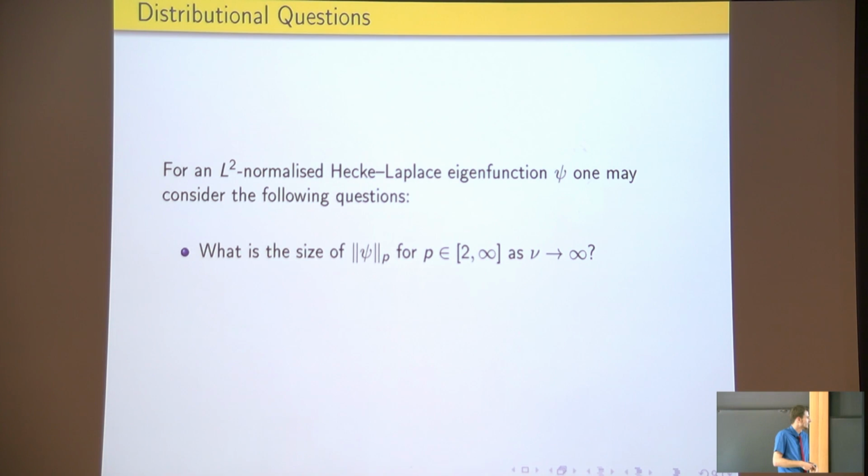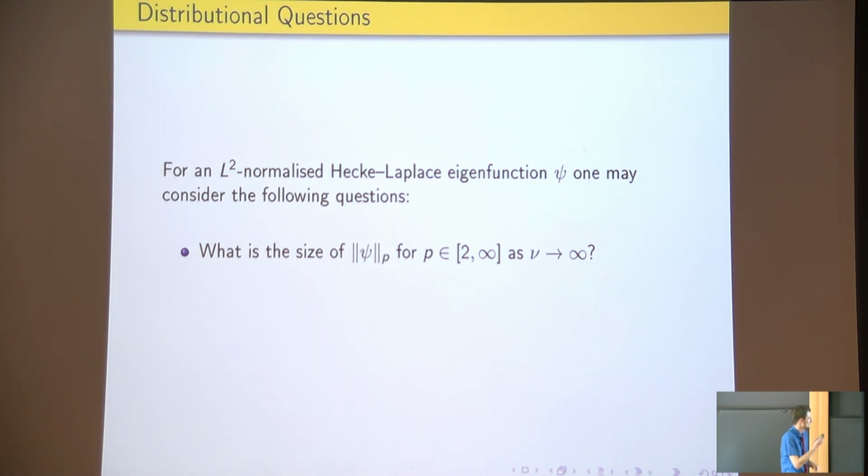And here you have conjectures of Berry and others that for even integral moments this should behave like a Gaussian with mean 0 and variance 1. And the largest power which we've been able to prove is 3, which is famously not even. So you need to get rid of the absolute value, and that is a result of Böcherer, Sarnak, and Schulze-Pillot.